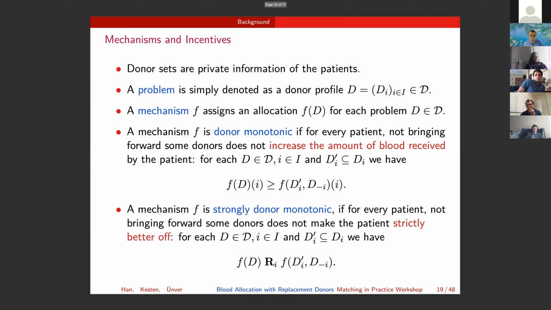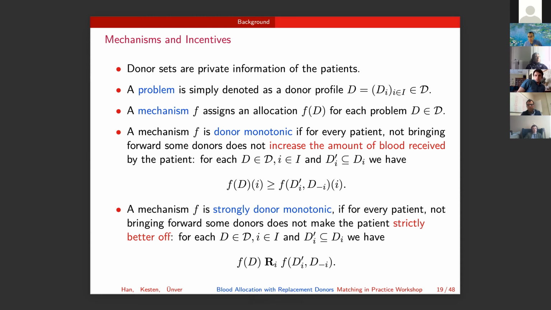So I will also define strong donor monotonicity. So if for every patient not bringing forward some donors does not make the patient strictly better off, I will say then the mechanism is strongly donor monotonic. So just observe that now the patient only cares about what she receives and how many units her donor donates. That schedule is at least as good as if she brought a subset of her donors forward.